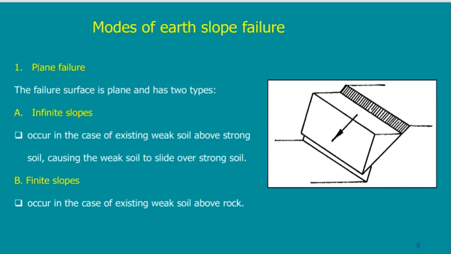Why will I study now planes of failure or modes of failure? Because according to these modes of failure, I will later study each case of failure, what are the forces causing failure and what are the forces resisting failure, and calculate the factor of safety. If I have something pushing me to fall with a force of X and something preventing me from falling with a force of Y, so what is my factor of safety?